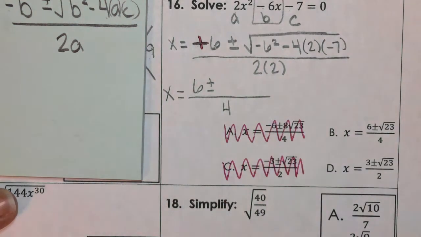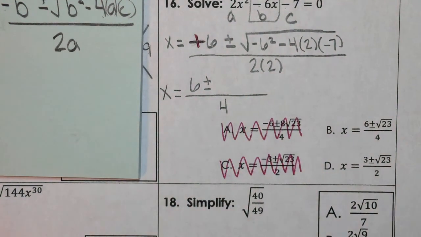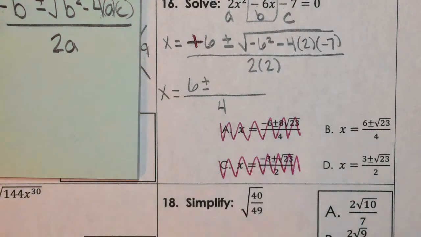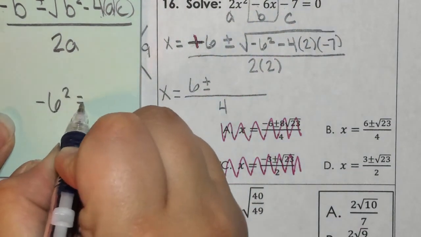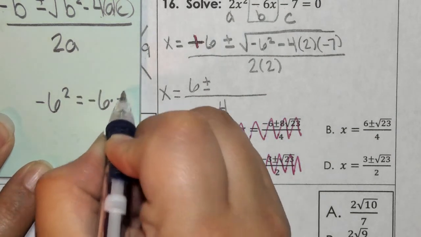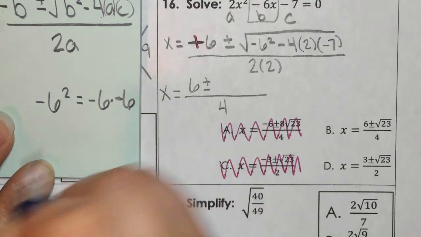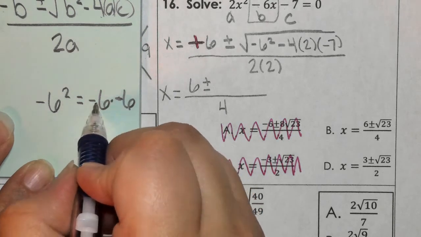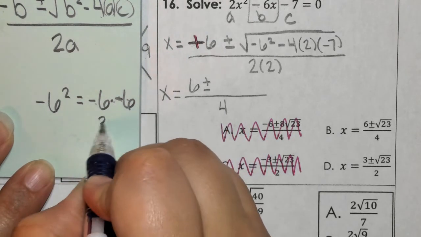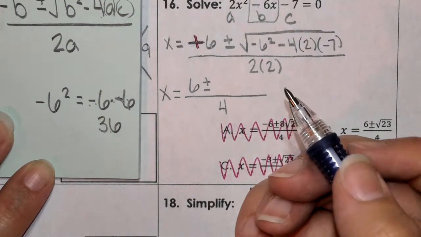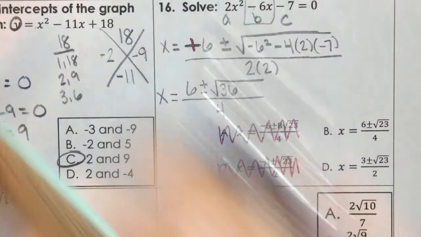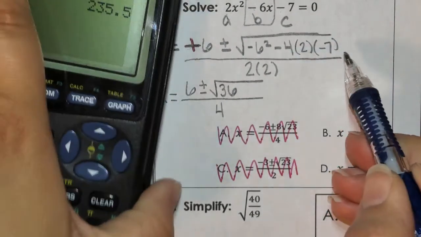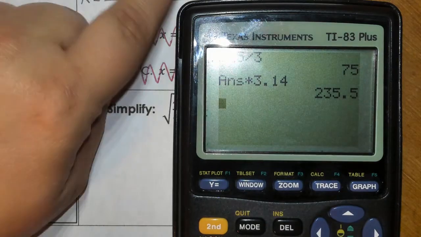We discussed that in the calculator, if you put in -6 squared, it gives you a -36. But I told you guys, make sure you think about it. -6 squared means -6 times -6. You know a negative times a negative is a +36. Then for this part, I got a -4.